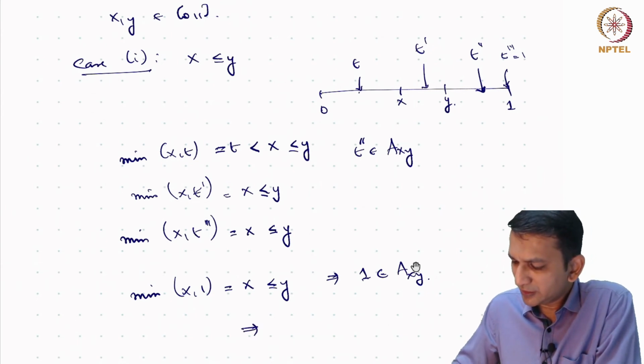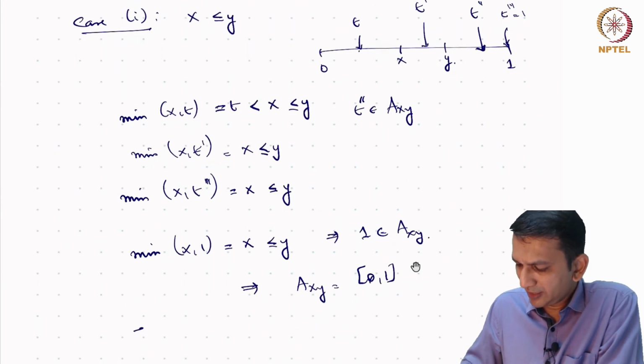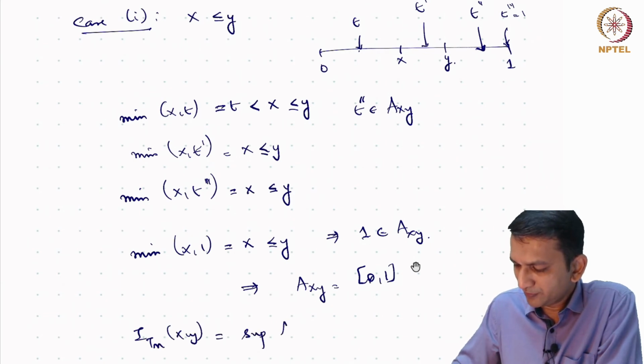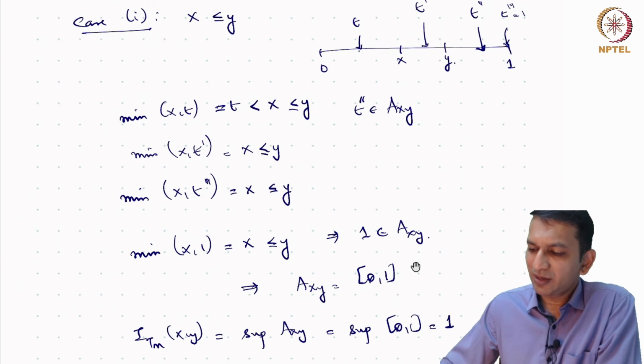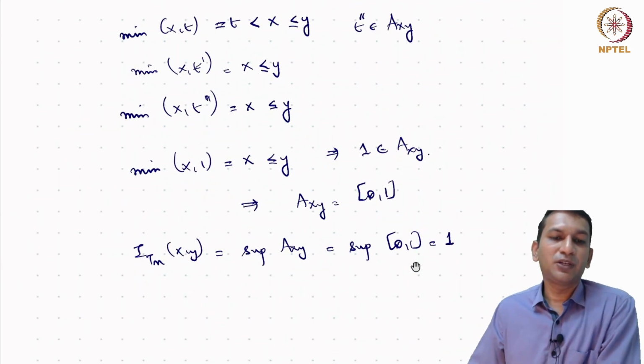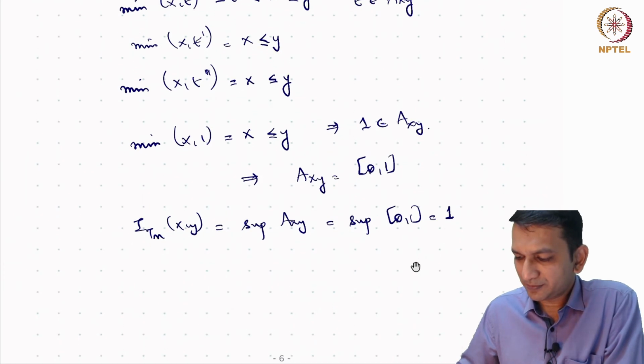This implies AXY in this case is the entire interval 0, 1. Now what is ITM of x comma y? It's nothing but supremum of AXY, which is nothing but supremum of 0, 1, which is from our understanding of lattices with respect to the usual ordering on 0, 1, this is actually equal to 1.